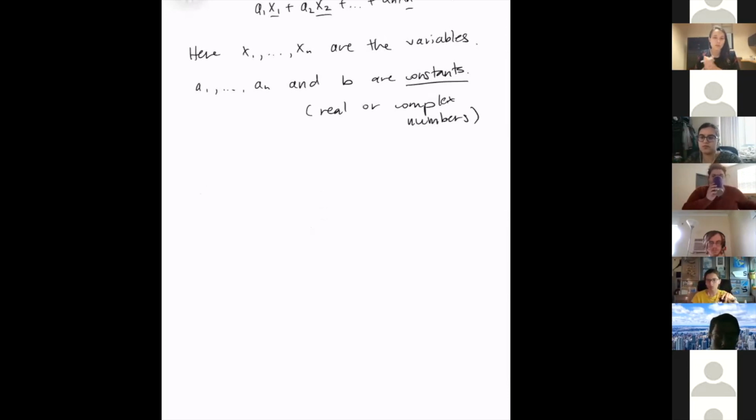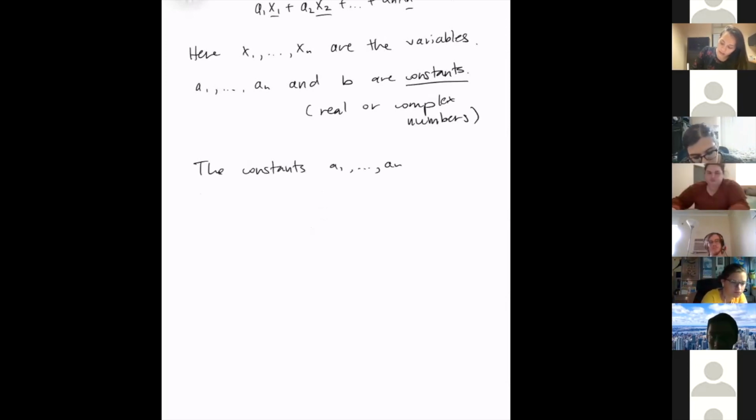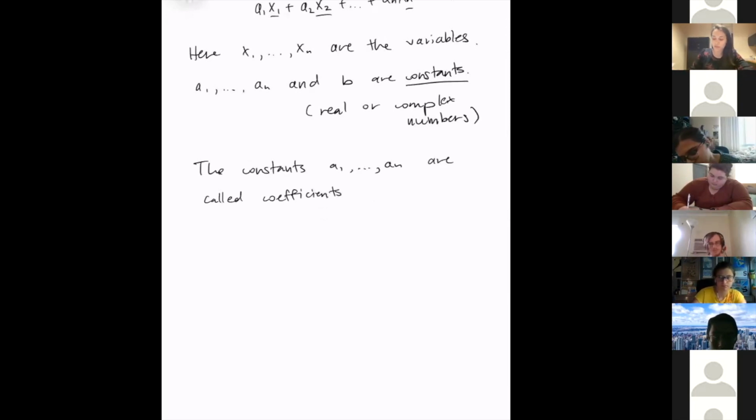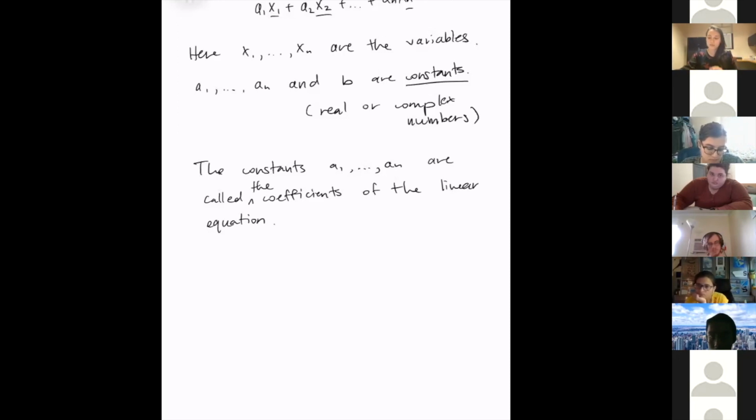Okay, so first of all, the constants a1 up to an, those numbers have a special name. These are called coefficients. These are the coefficients of the linear equation.